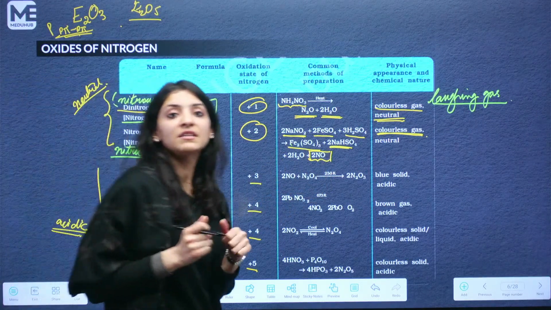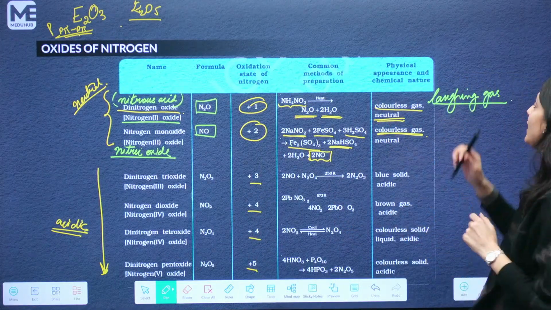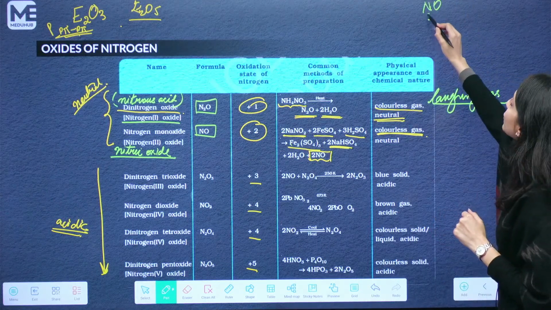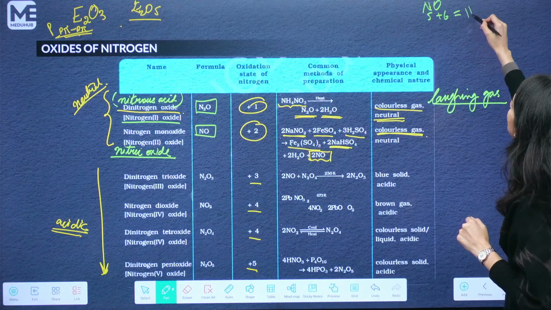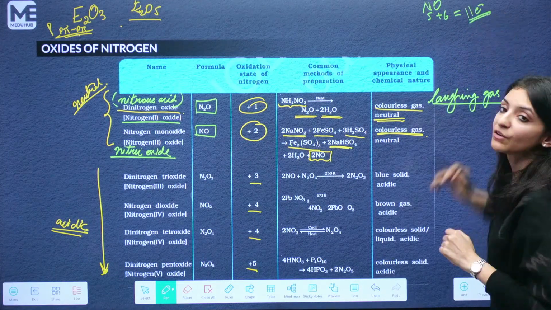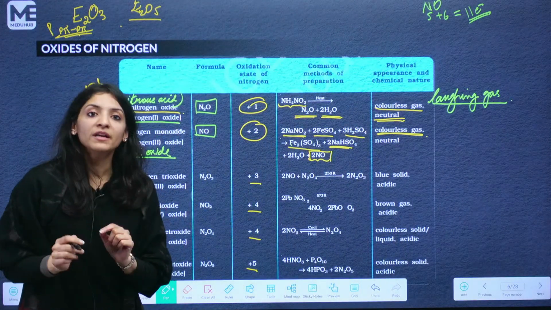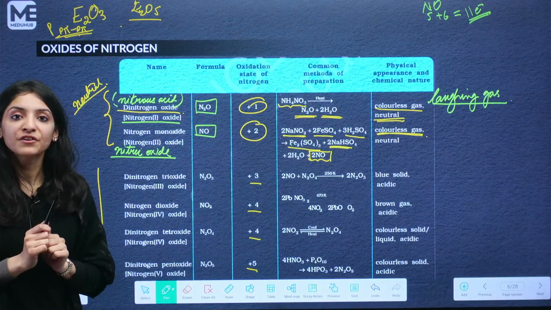One very interesting thing about nitric oxide, if you count the number of valence electrons of NO, 5 valence electrons from nitrogen, 6 valence electrons from oxygen. This gives us 11 electrons in the outermost shell. This means it is an odd electron molecule. An odd electron molecule is paramagnetic. So it has an unpaired electron.